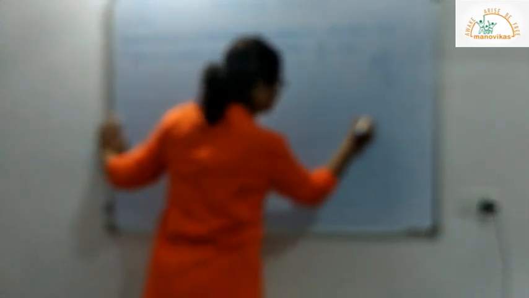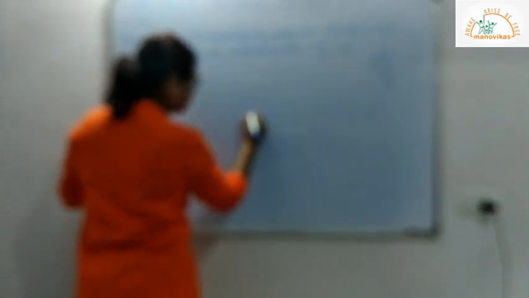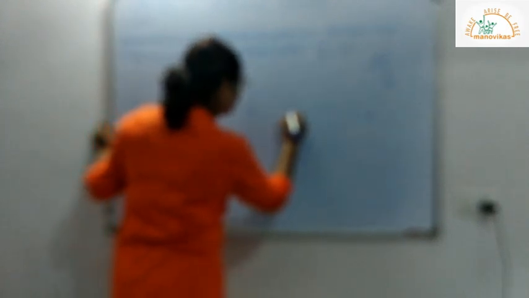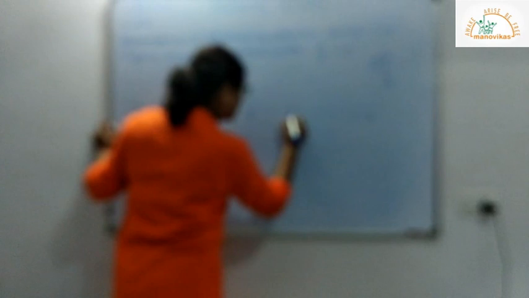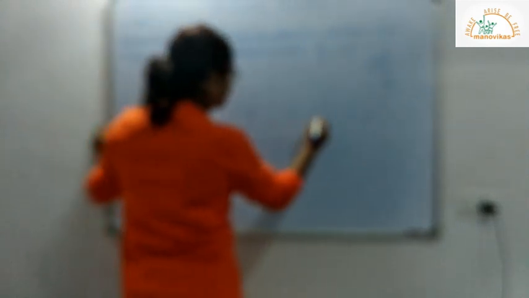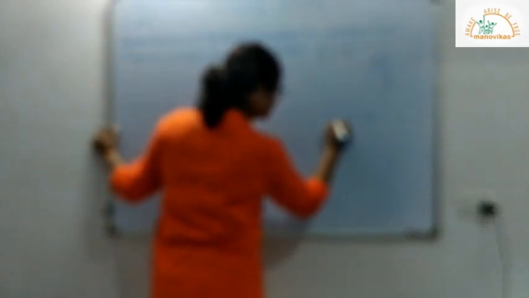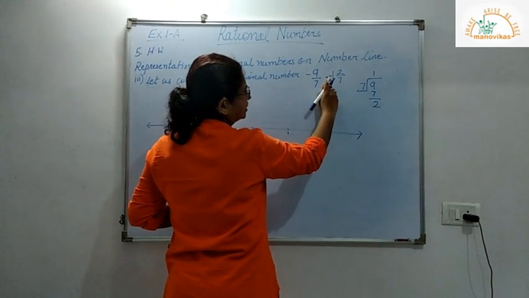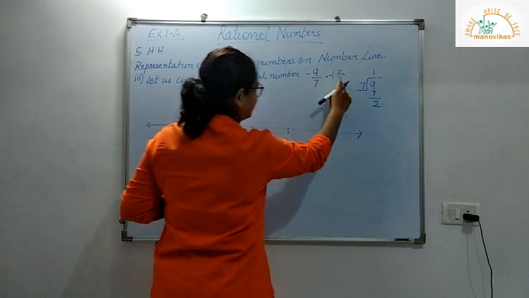So let us draw the number line now. This is my number line over here. I have my 0 at the center of the number line. Then I divide it into equal parts. So this is my positive one, this side it is my negative one. I require one more unit length, so it is 2 over here, and here it is -2. Now my given number, -9/7, which we have written as the mixed fraction -1 2/7.